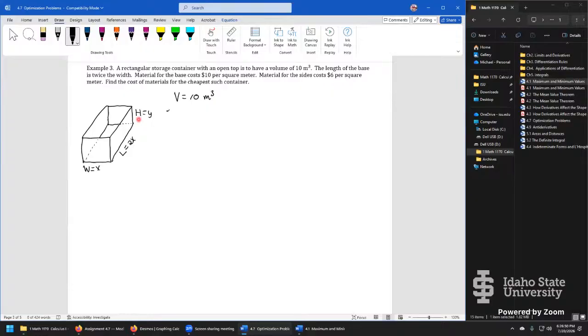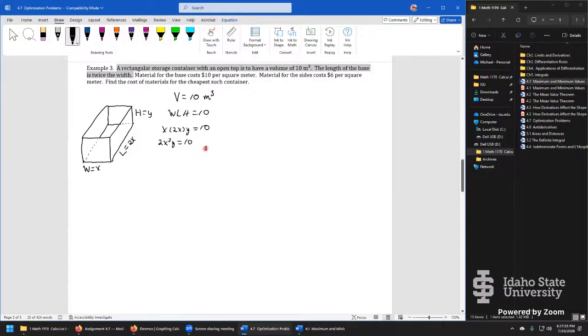So we can say width, length, height is 10. We can substitute in our particular variables: x times 2x times y is 10. So 2x squared y is 10. So everything up to this line highlighted there gives us that equation, 2x squared y is 10, where the meaning of x and y is through this diagram here.